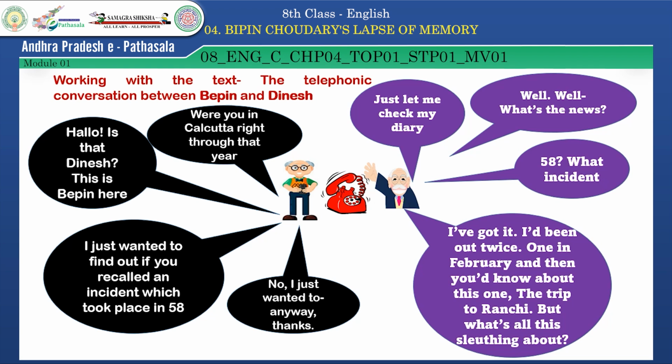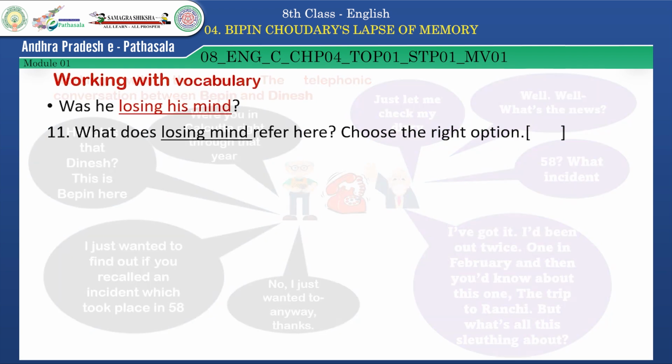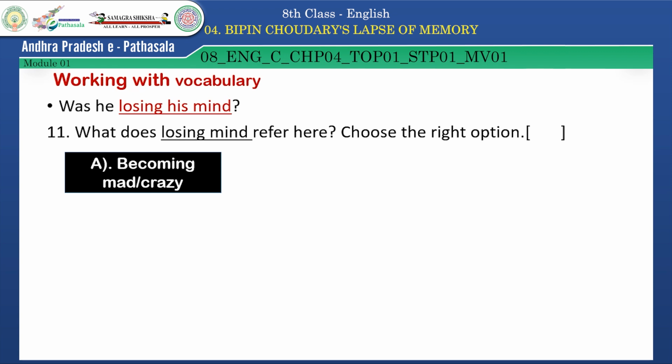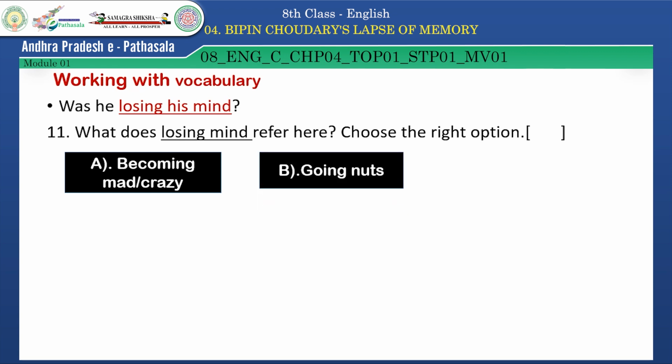Now, look at the vocabulary. Working with vocabulary. Was he losing his mind? What does losing mind refer here? Choose the right option. Becoming mad or crazy? Going nuts? Both? What is the right answer?